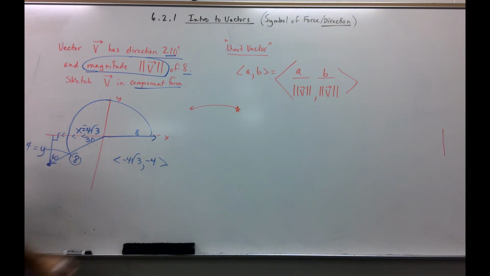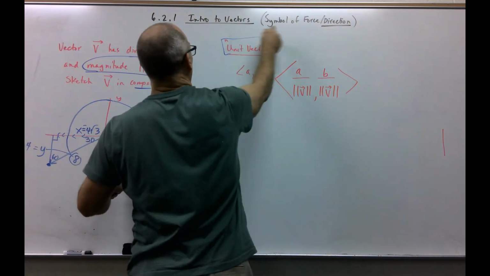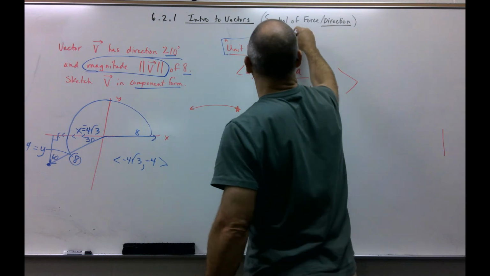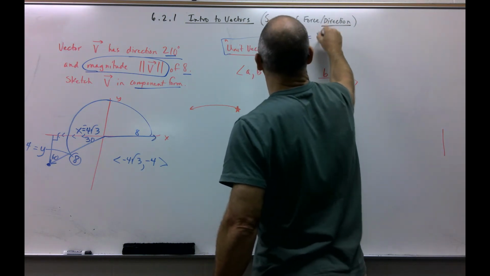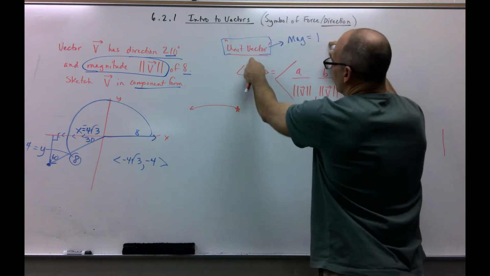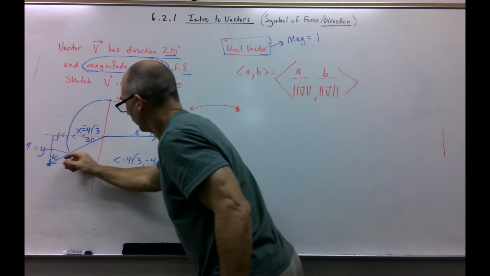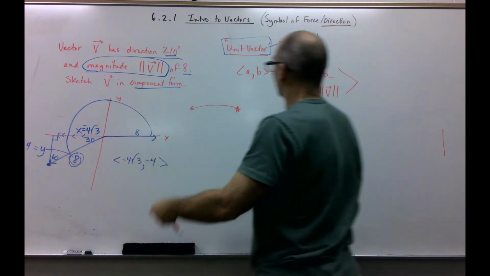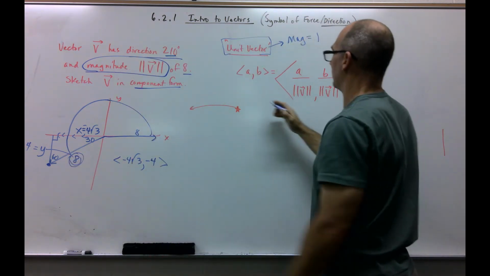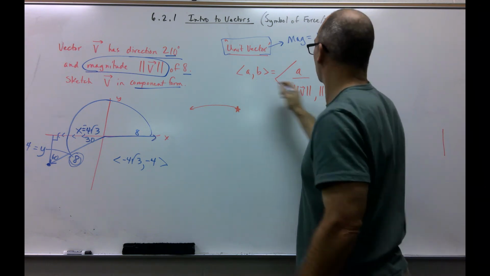We did it. But in vector world, unit vector means the magnitude equals 1, and it's very useful. So we have a magnitude of 8. We want to convert it to something that has magnitude of 1. Here's a formula.